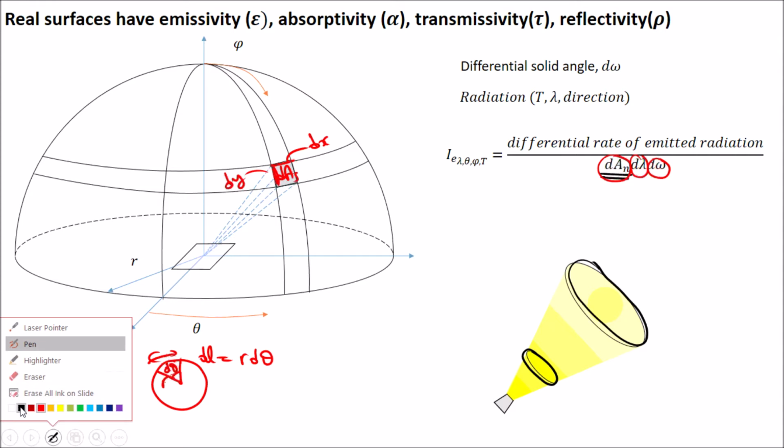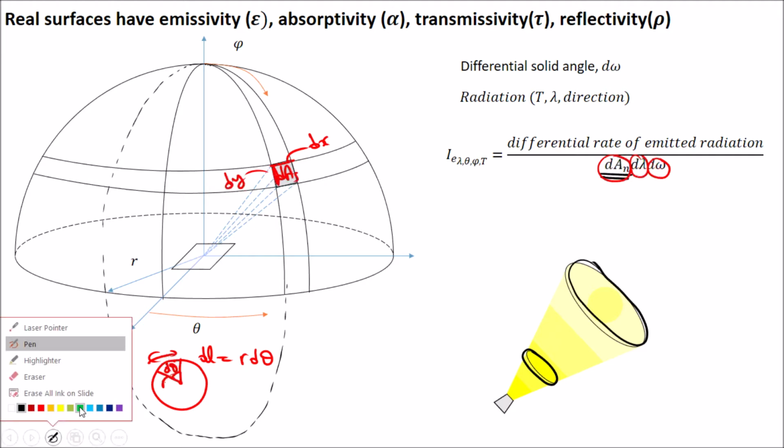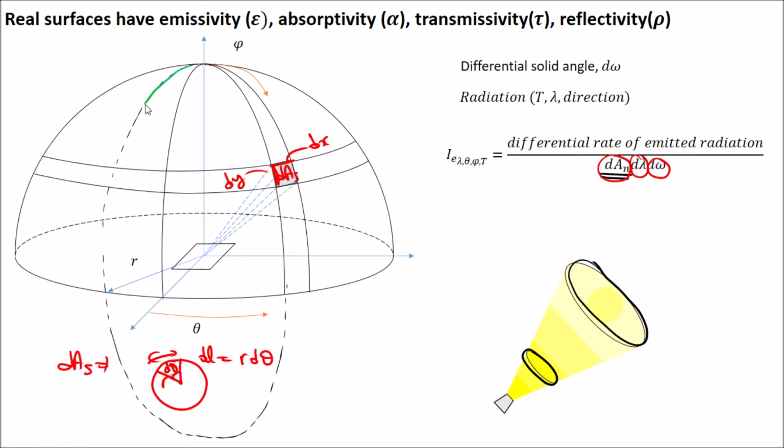To find dy, I first introduce the radius. To introduce the radius, there should be a circle. The circle is this one, if you notice. This one is the circle for dy.